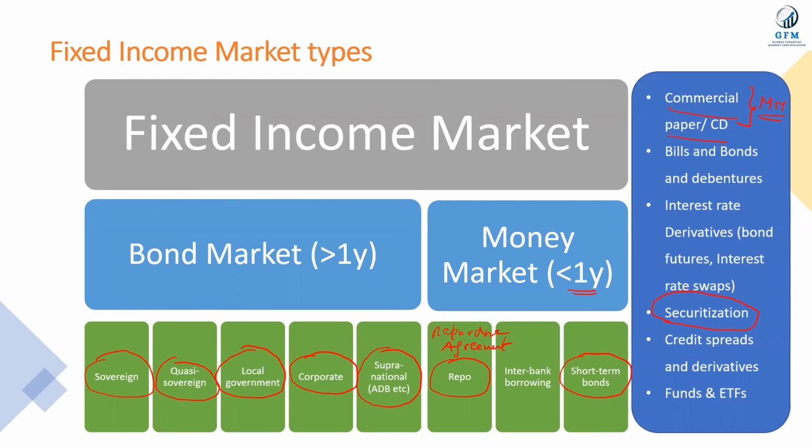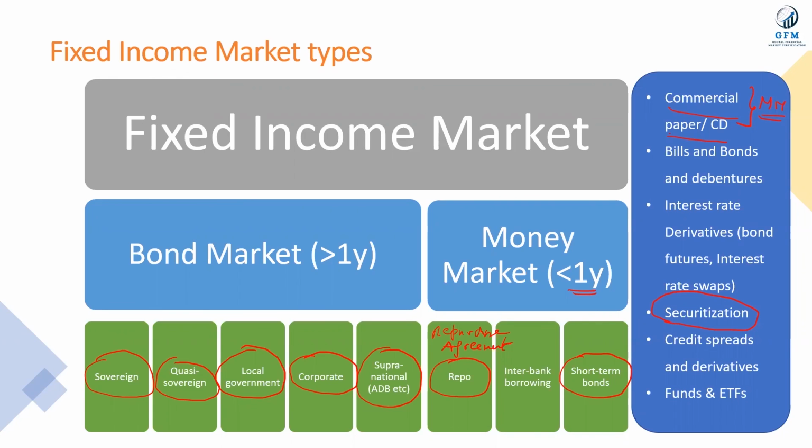Now, just to summarize this slide, what we need to understand here is very simple. What is a bond, and what is the difference between instruments in the money market and the bond market, right? That is the agenda for us.